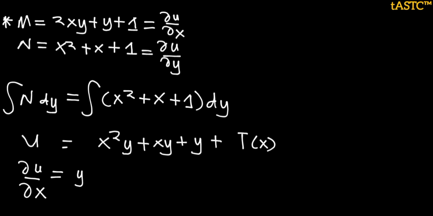So we need to differentiate x squared, which is going to give us a 2x. And on this side, that is going to give us an x. Well, that is a mistake. I'm actually making the derivative with respect to x. So in this case, y stands as the coefficient.